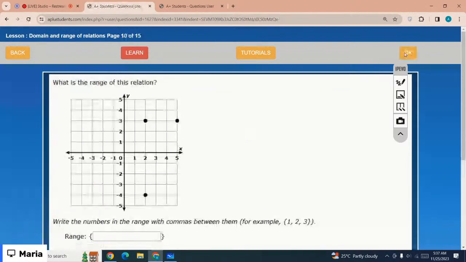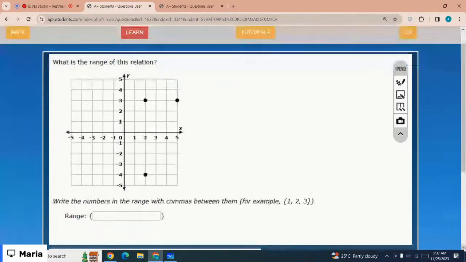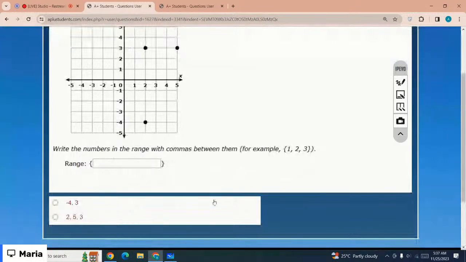what is the range of the function? Which is the correct option? That is 3 and -4, right? Option 1 is the correct option, right?